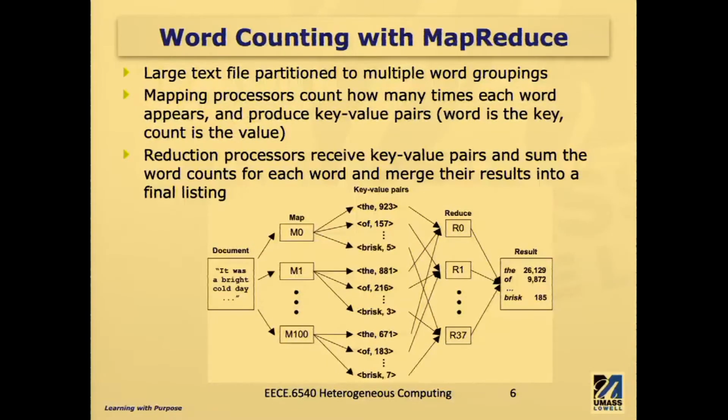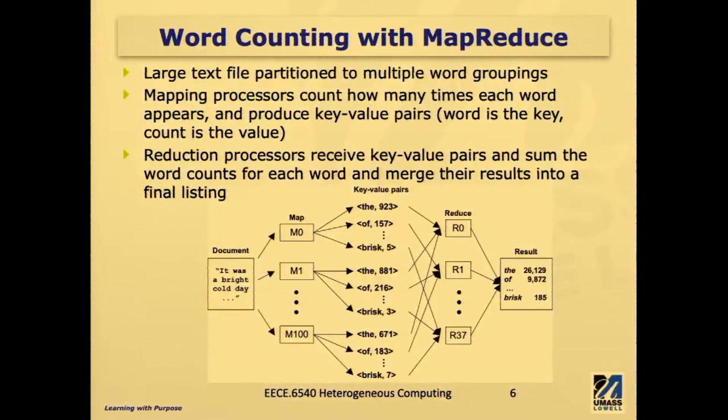Once it gets those key value pairs, it will sum the values, and that will give us the total number of occurrences of the word the. The result produced by R0 will show that this particular word occurred 26,000 times in the text.